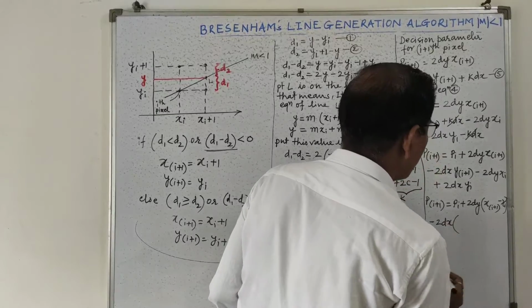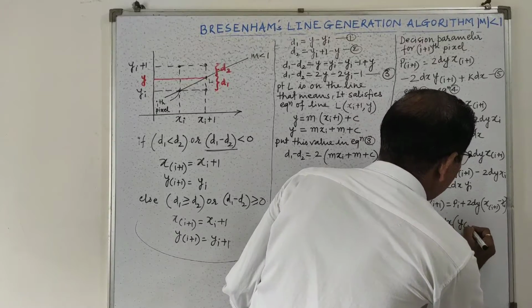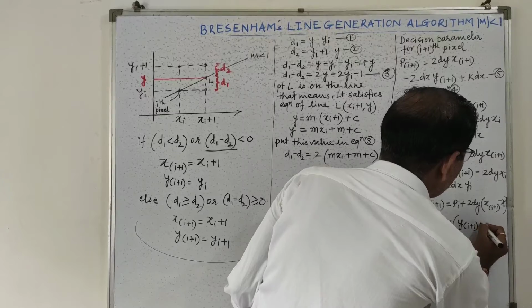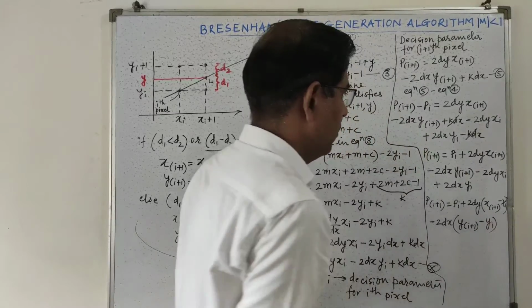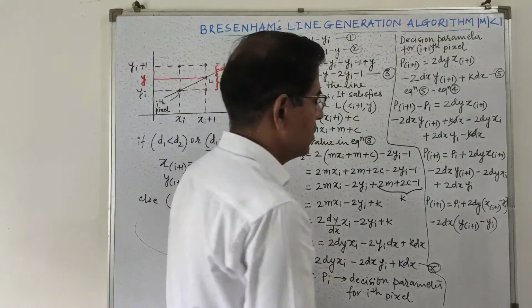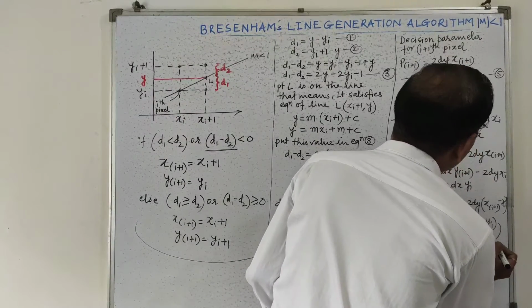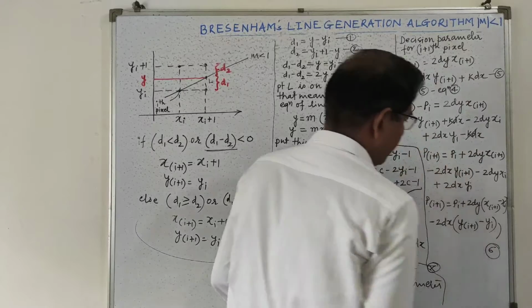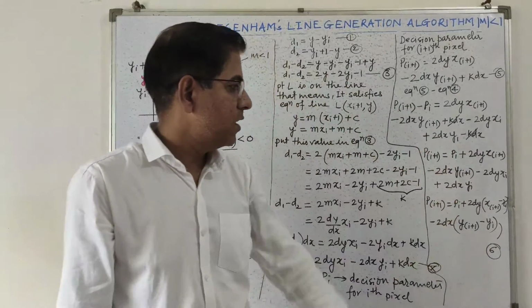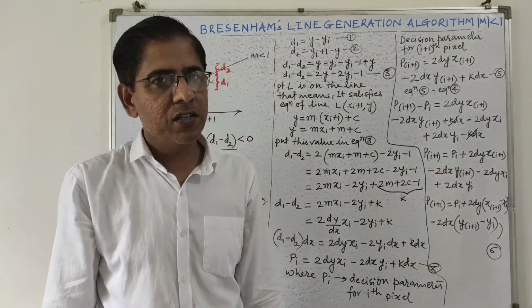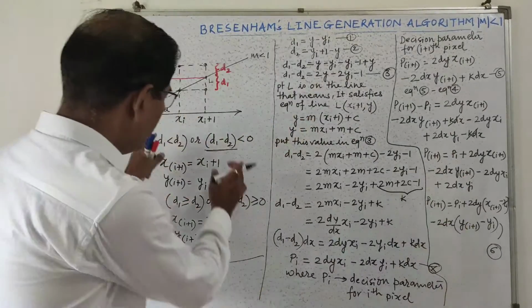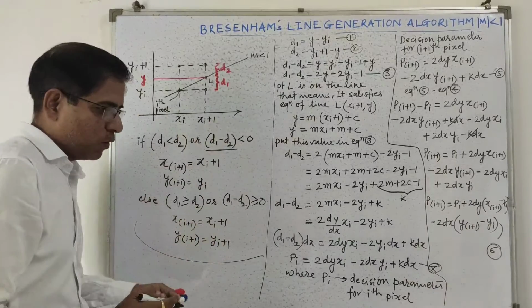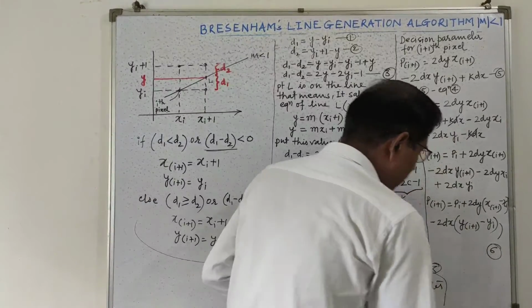If you take 2 dx common, then yi plus 1 minus yi. Okay, so this is equation 6. Now we'll see the logic one more time.